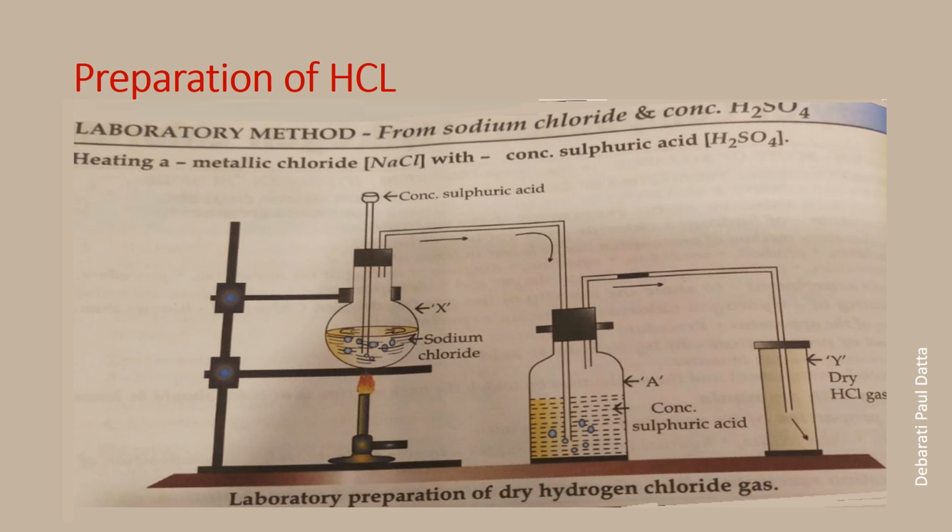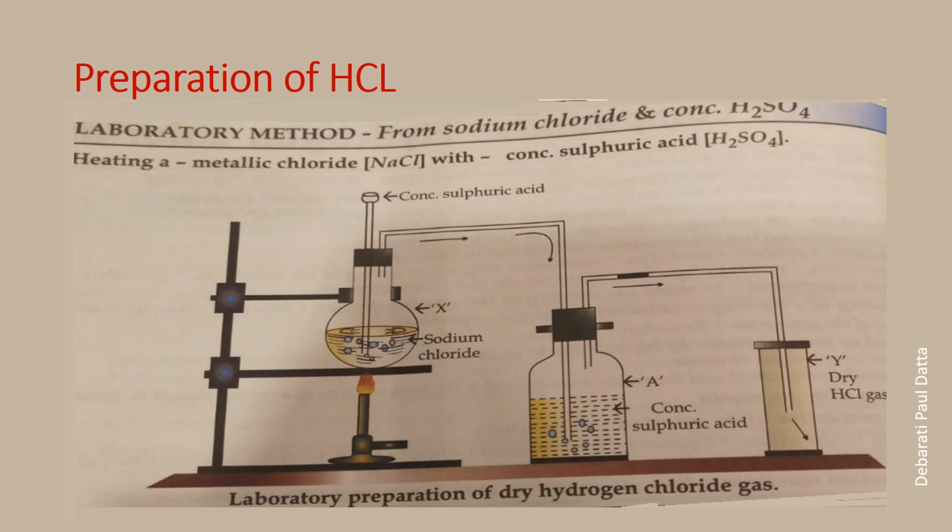Now, sometimes temperatures above 200 degrees also give hydrogen chloride gas. What is the reaction for this? Sodium chloride reacts in exactly the same way with concentrated sulfuric acid above 200 degrees centigrade and produces sodium sulfate and hydrogen chloride gas.